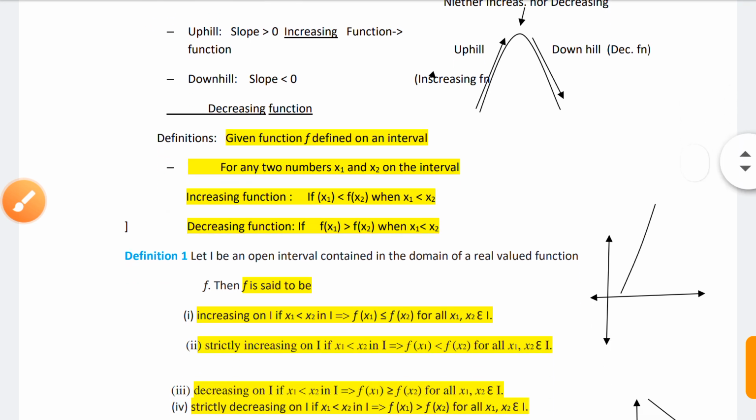Now the definition for increasing function: you take two values x1 and x2 from the interval where x1 is less than x2, and we find the functional values at those points, f(x1) and f(x2).